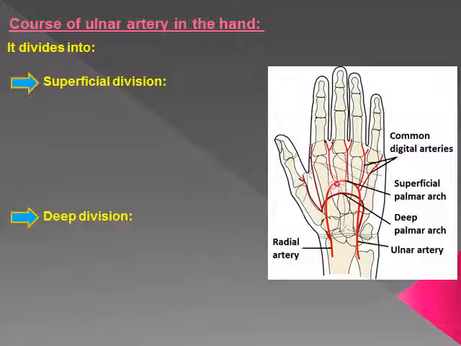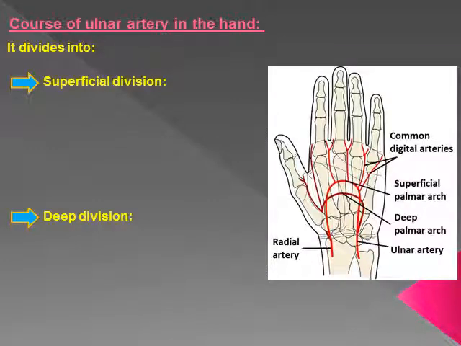The superficial division is the larger division, which is considered the continuation of the ulnar artery in the palm that continues and curves laterally to form the superficial palmar arch after joining the superficial branch of the radial artery, while the deep division is the smaller division which joins the termination of the radial artery in the palm to form the deep palmar arch.